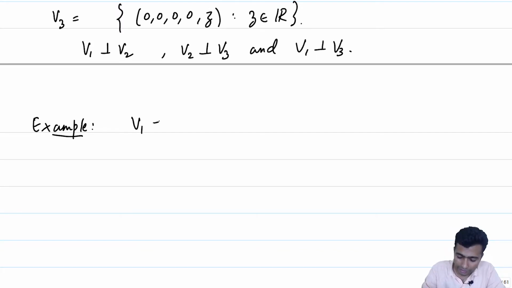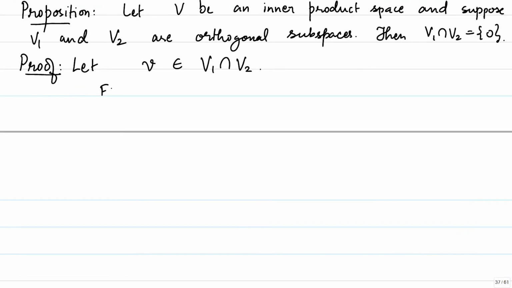Suppose V1 and V2 are orthogonal subspaces. For v1 in capital V1 and v2 in capital V2, we have the inner product of v1 and v2 equal to 0.